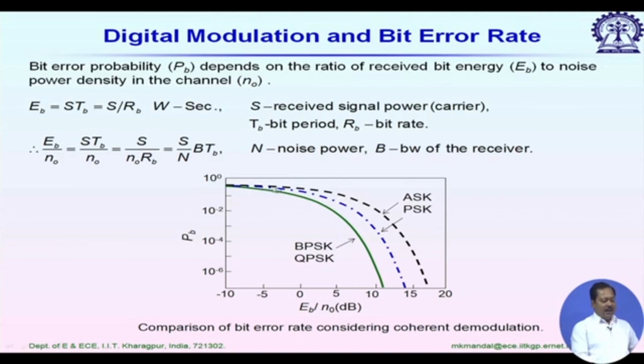So, for ASK, what we see is that for a given SNR value, the bit error probability is highest among these three. In other words, for a specified bit error probability, BPSK or QPSK would require a lower SNR value, Eb by N0.